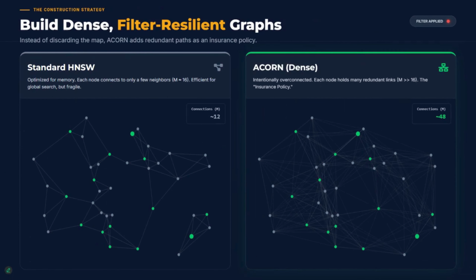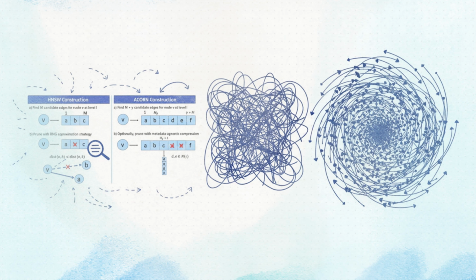The magic happens during the index building process. A normal HNSW graph connects each point to just a few neighbors. ACORN takes the opposite approach and intentionally overconnects everything. It builds a far denser graph with many more links than usual, creating a thick web of redundant paths. And that redundancy is intentional.